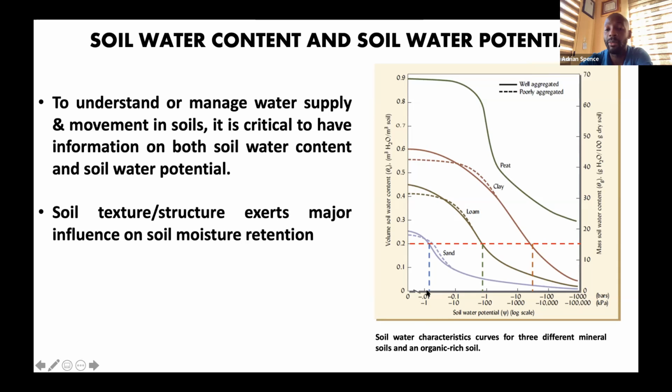If you had this value for a soil that you thought was clay, but that soil was in fact sand, then you would have had far less water in that soil than you would have in, say, the clay soil. So it's important to have information on soil type when you're doing these types of measurements.